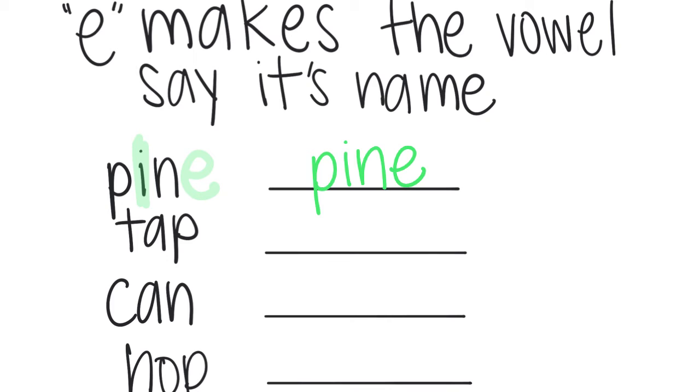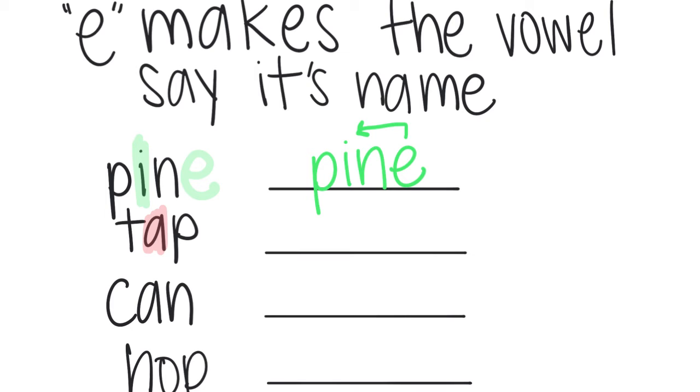With magic E, what it does is it makes the E go back and it tells the vowel, say your name. So instead of saying eh, like in pin, it's going to say I, like pine. Same thing for tap. Our word tap over here, the A says ah, tap.